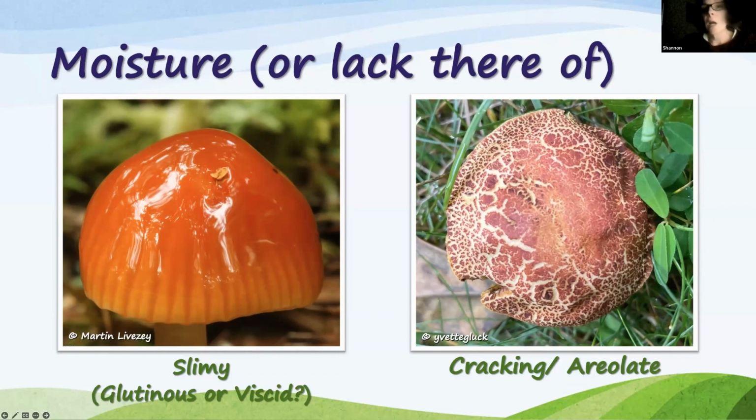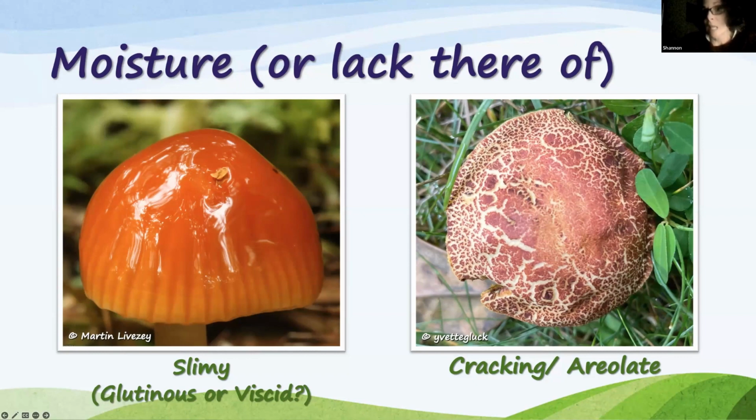On the other extreme, it looks like we have a situation where the cap is completely dried out, when in fact that's not the case, at least for this particular mushroom that has an areolate or cracked surface. With mushrooms that have an areolate surface, it's a specific type of cracking that resembles dried mud or paint.